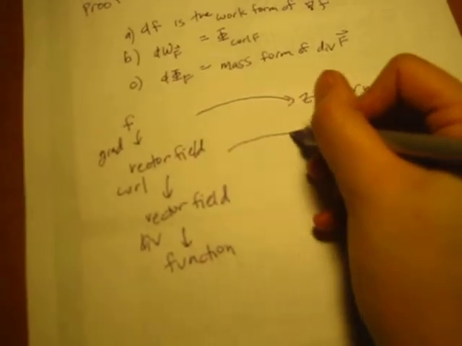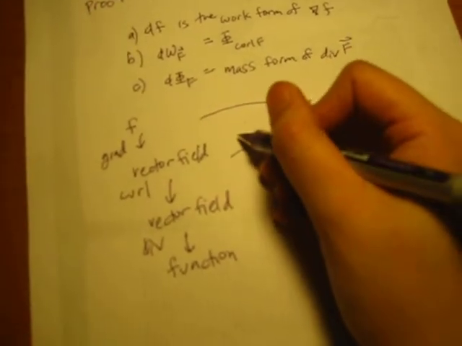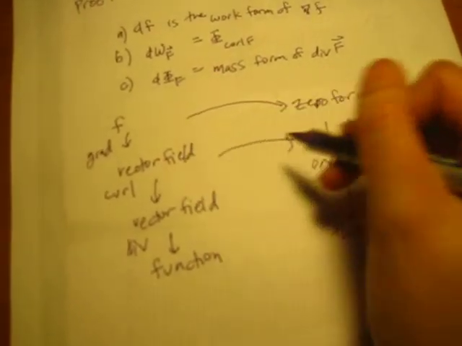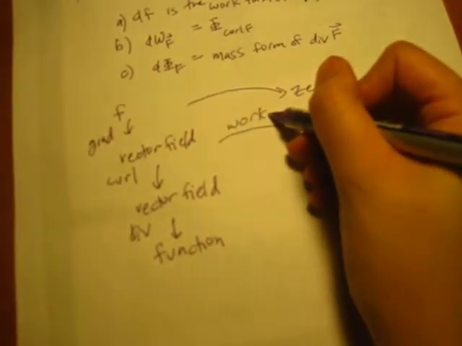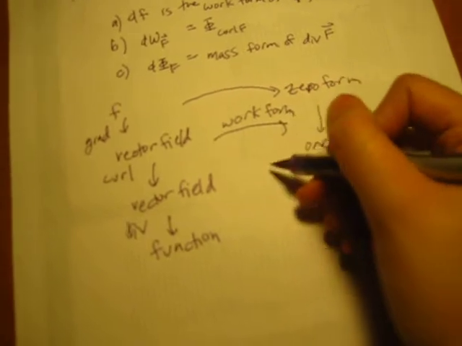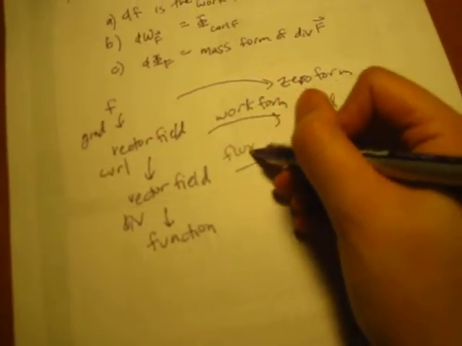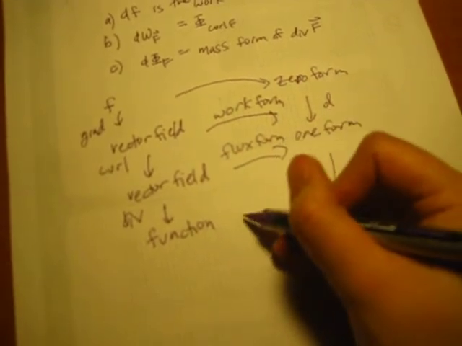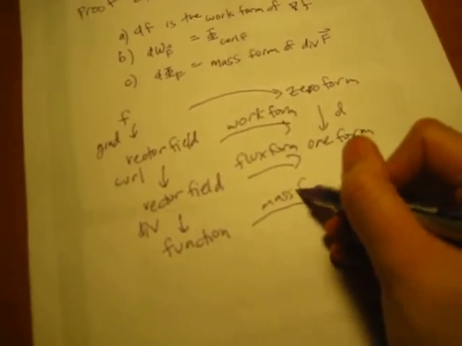And so the vector field, coincidentally, can't draw lines, this vector field is actually the work form, a work form W, while this one's a flux form, and this corresponds with a mass form. So that's sort of the gist of what's going on here.